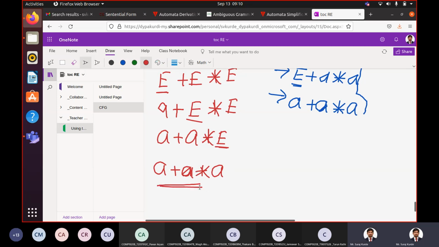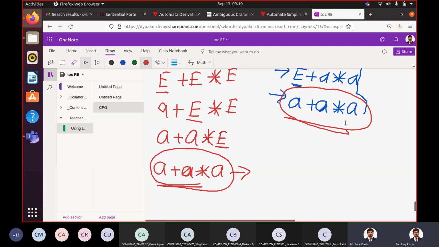So that is another possible derivation. Now we have constructed this string using the productions of the given grammar, and we have replaced some non-terminals.